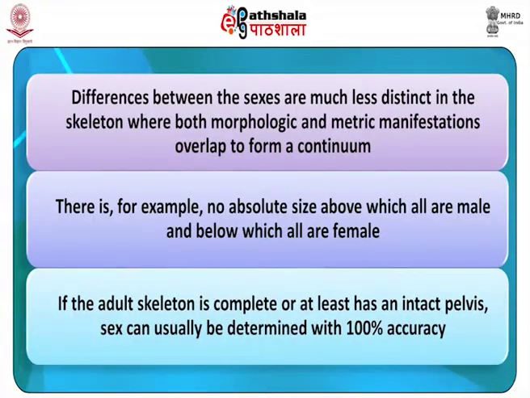Differences between the sexes are much less distinct in the skeleton, where both the morphologic and the metric manifestations overlap to form a continuum. There is, for example, no absolute size above which all are male and below which all are female.